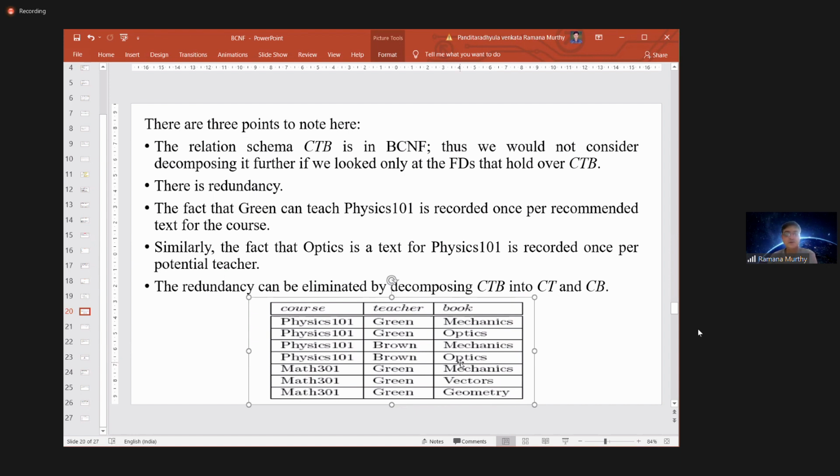What is the problem here? Until you consider all three columns, you can't get a unique row. So automatically the key becomes all columns in the table.